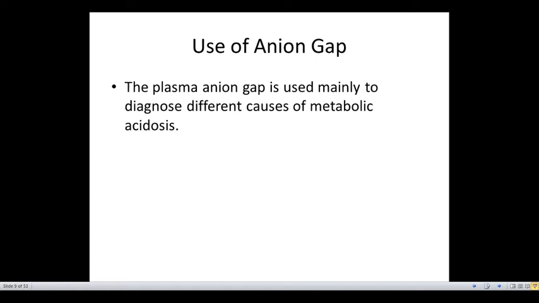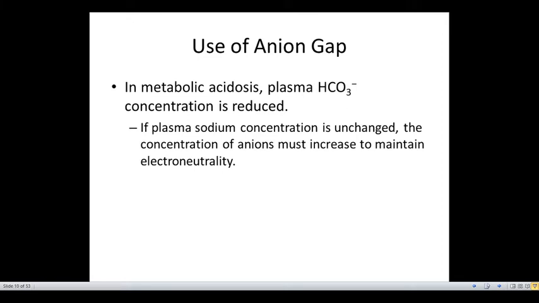The plasma anion gap is used mainly to diagnose different causes of metabolic acidosis. In metabolic acidosis, plasma bicarbonate concentration is reduced.